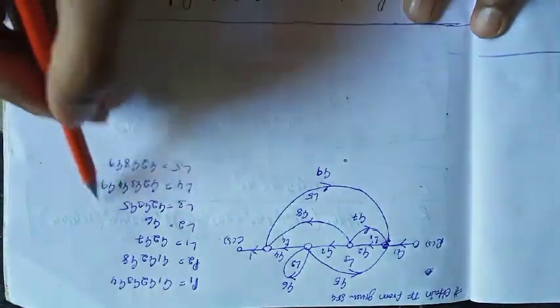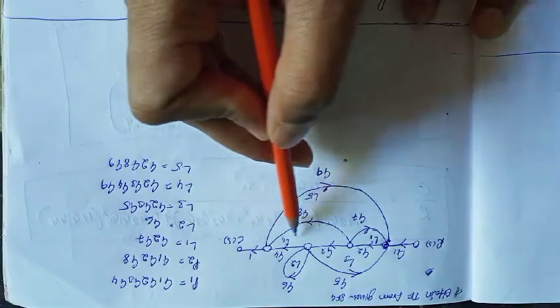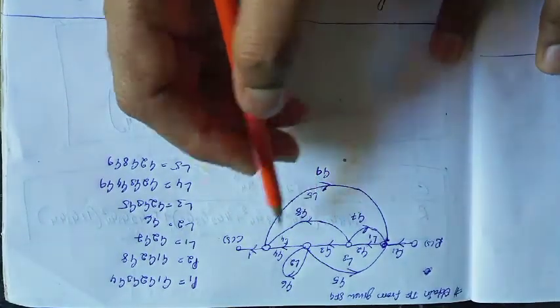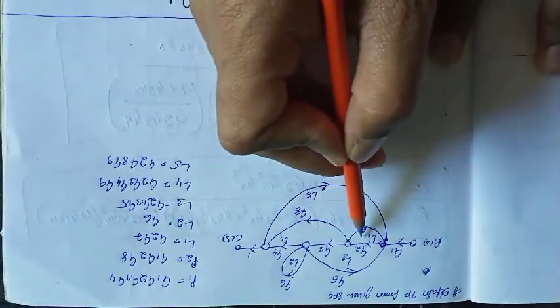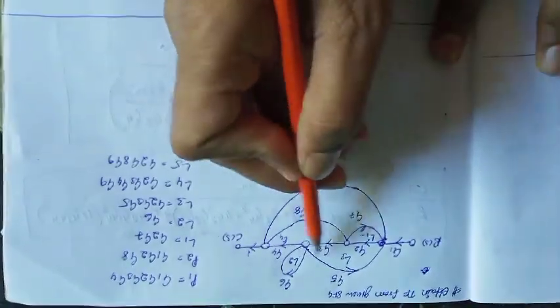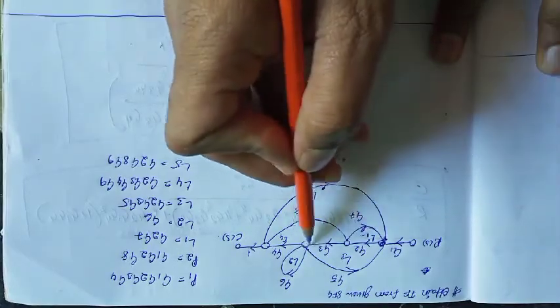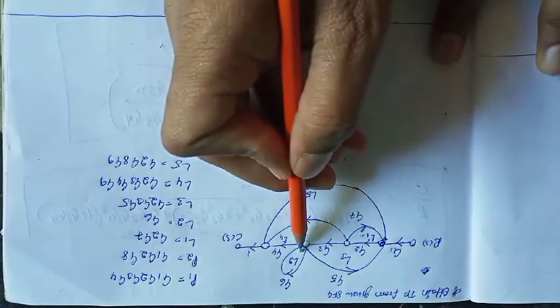After the individual loops, you have to check for any two non-touching loops. See here, L1 and L2 are the non-touching loops. Why? This is a self node, so it is not touching any loop.